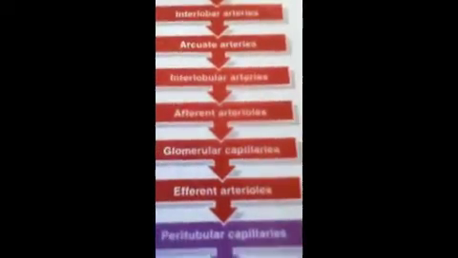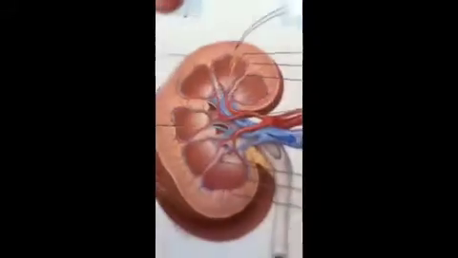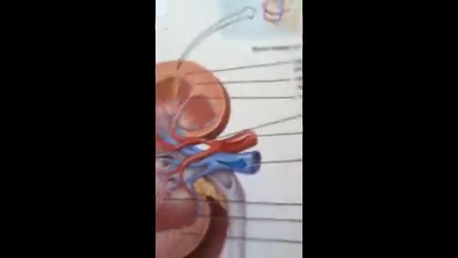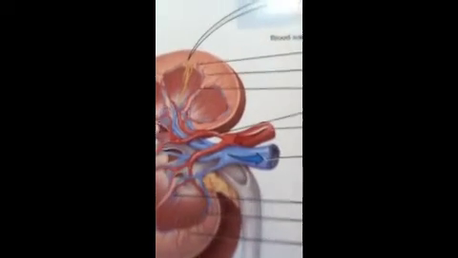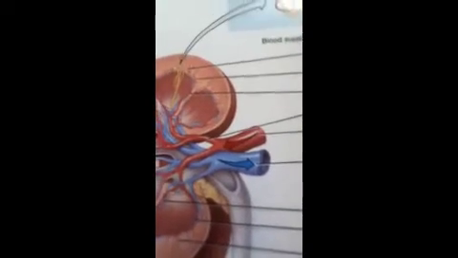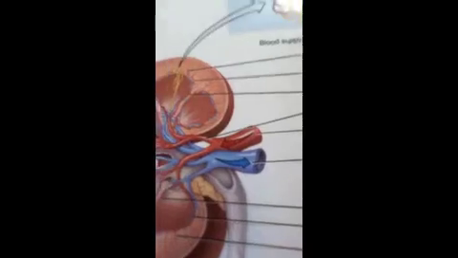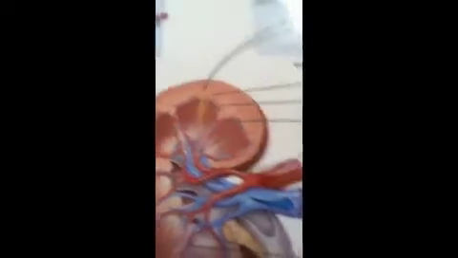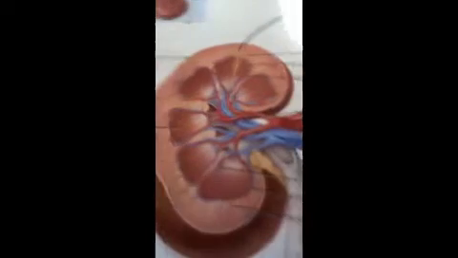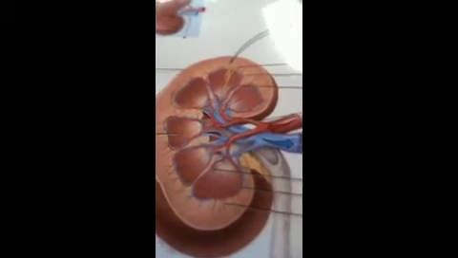So again, note, blood flows through two sequential series of capillary beds. The first is the glomerulus. The second is the peritubular capillaries. Now, having an arteriole leading to the glomerulus, leading to another arteriole, you have arterioles leading to and from capillaries.